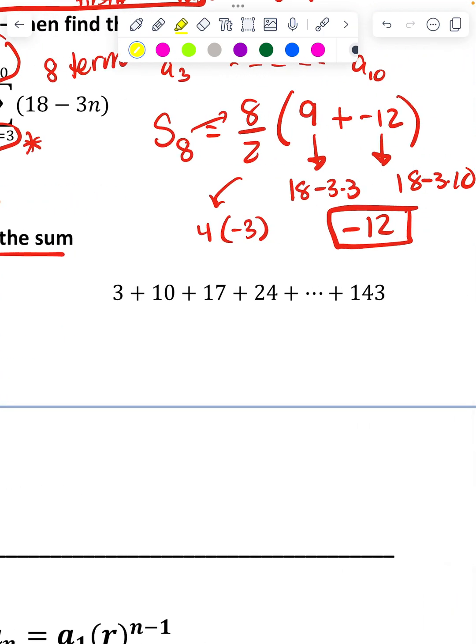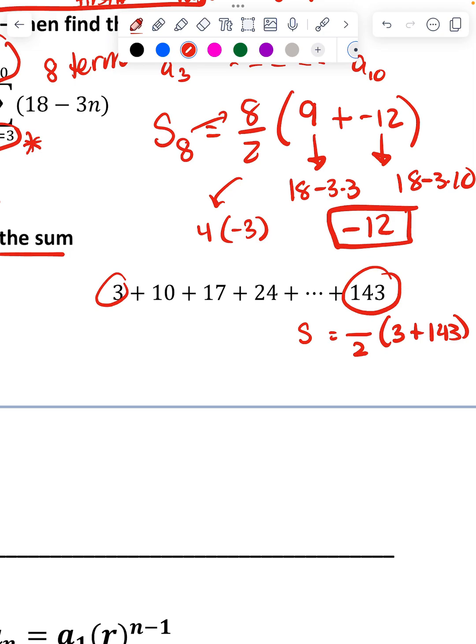So if I was going to use my sum formula, the thing I don't know is how many I'm adding up. So I know the first term's 3, and I know the last term's 143, but I don't know how many there are. So I have to go back to this formula to find it. So I'm going to have this formula to find that n, so I can put it here and here.